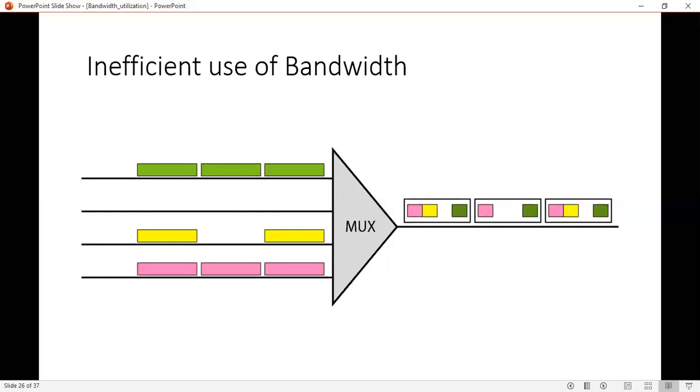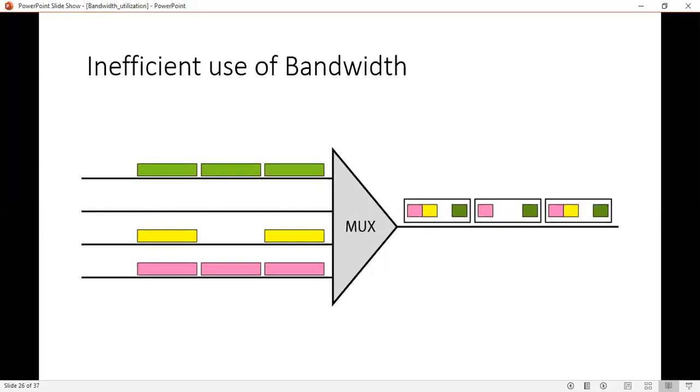In the first frame, the first slot is occupied by green, and the second slot is empty because the second line doesn't have a data unit, so it is left empty. The third is occupied by yellow and the fourth is pink. Again, in the second frame, the first slot is occupied, but the second and third slots are free, and the fourth slot is occupied. What you can infer from this figure is that some bandwidth is wasted here, isn't it?